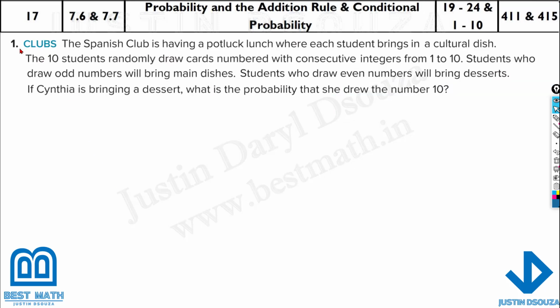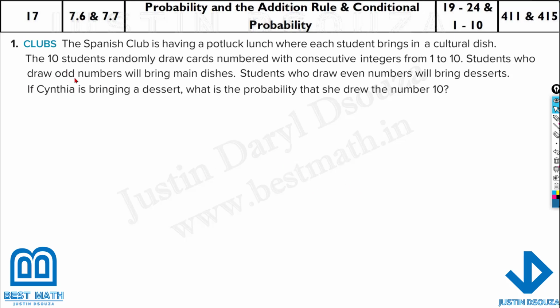We move on to the conditional probability problem. Let's look into this problem. A Spanish club is having a potluck lunch where each student brings in a cultural dish. The 10 students randomly draw cards numbered with consecutive integers from 1 to 10. Students who bring odd numbers will bring the main dish. So there are 10 chits of numbers, and these 10 students pick them randomly.